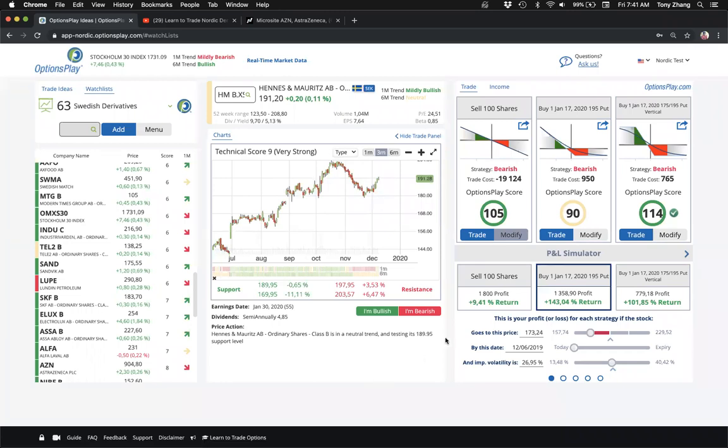Now, like I said, there is a lot of functionality and tools that are in this particular platform. I tried to go over the broad uses of this platform, what you would likely come across: trade ideas, watch lists, how to read this thing in the middle of your screen, and then more importantly, how to utilize the trade tab so that you can modify each strategy, you can use the P&L simulator, and then eventually click the trade button to place that trade.